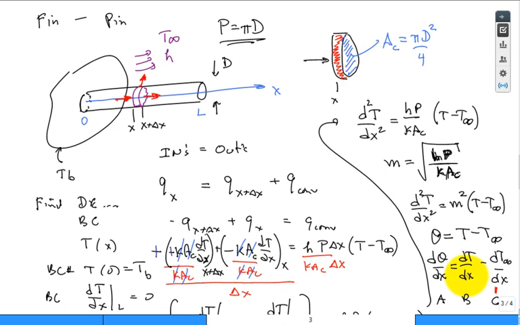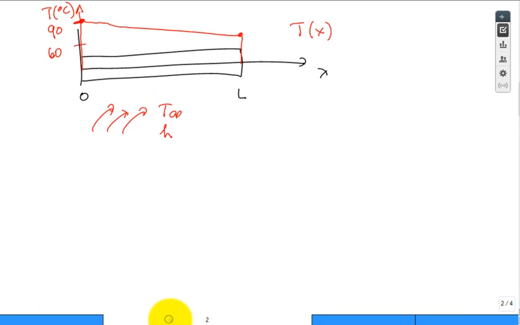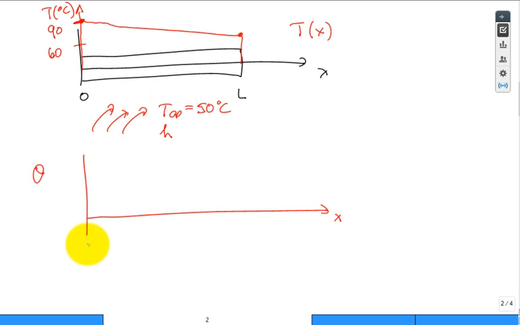This dT is non-zero, and my new variable, instead of temperature, is a temperature difference. We call that theta, or the book uses the term theta. If I go back to this example, if I plotted theta, maybe the convection is, let's make the math easy, 50 degrees C. Well, what is theta at x equal to 0?